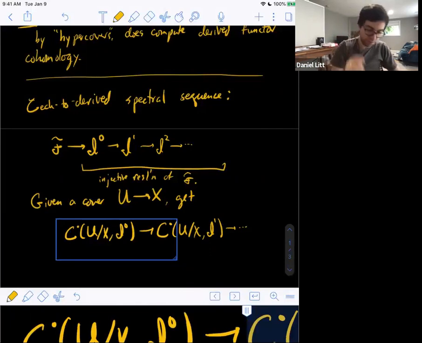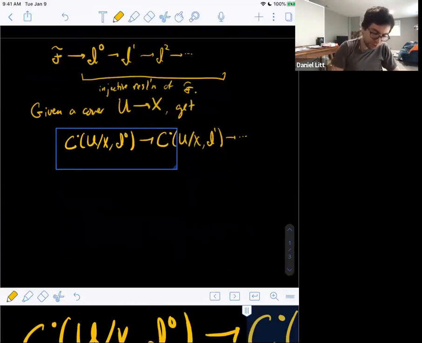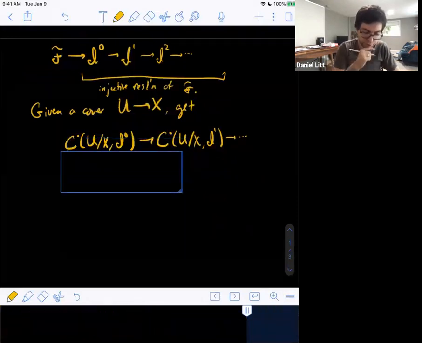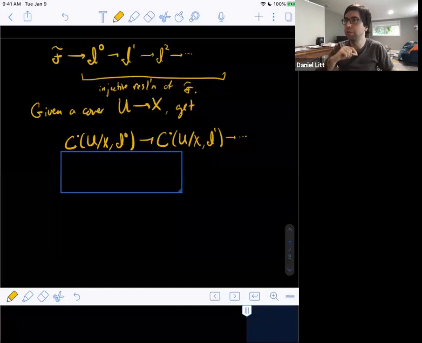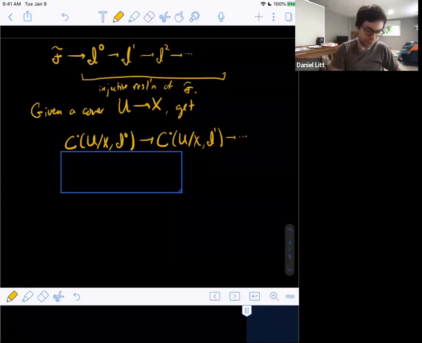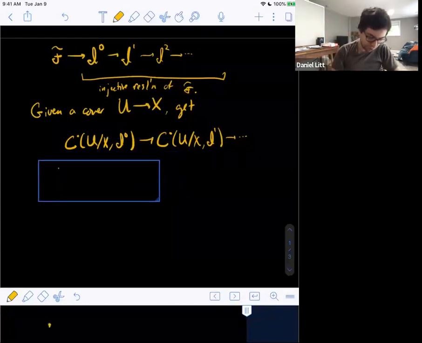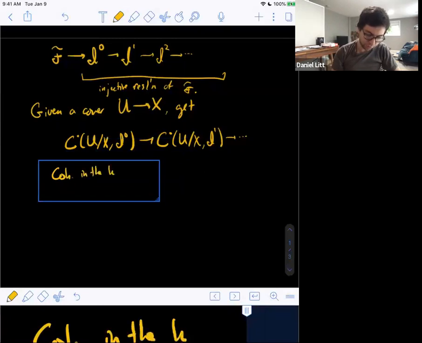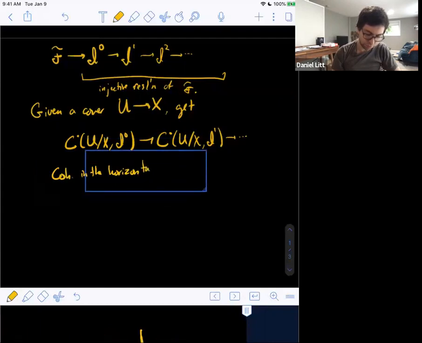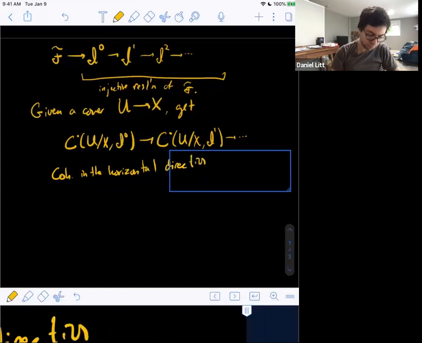All right, great. So to a double complex, one can associate two spectral sequences. So let's compute what happens. First let's take cohomology in the horizontal direction. Can anyone tell me what this gives us?